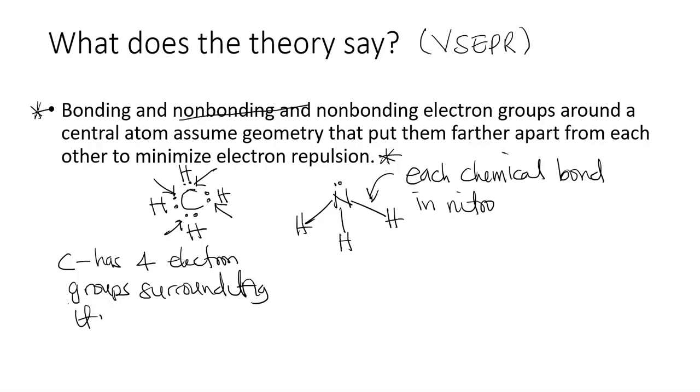Each chemical bond in nitrogen is an electron group.